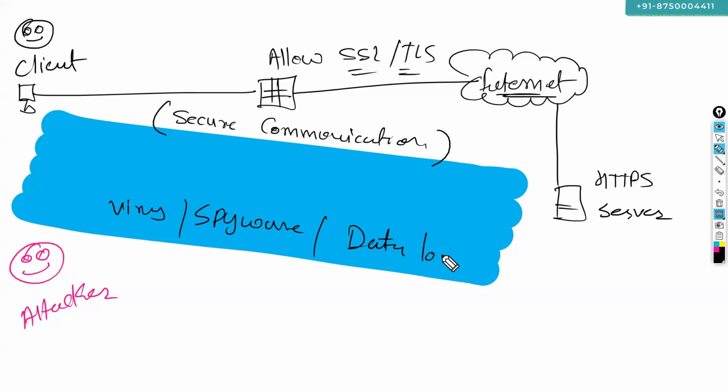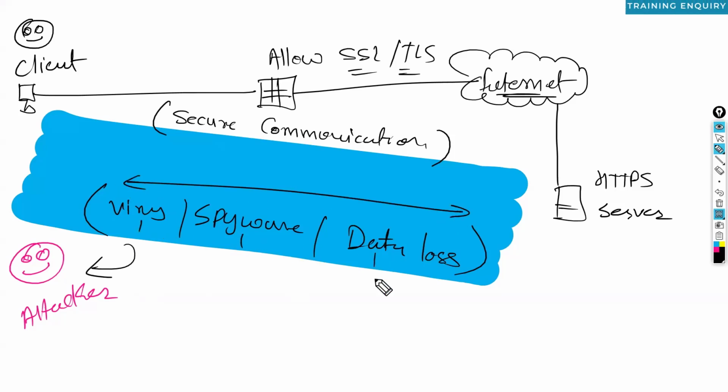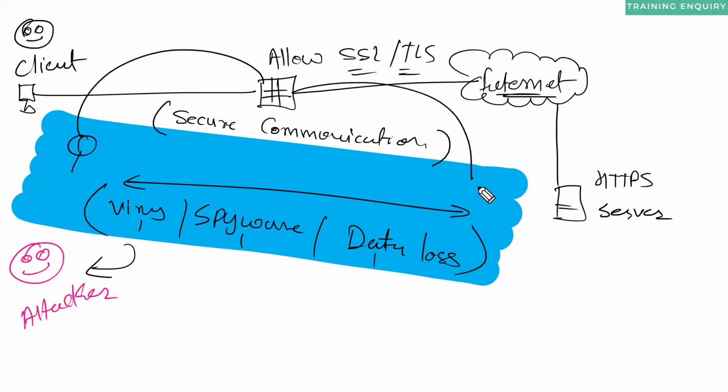So along with the secure communication, the user or attacker can download or upload virus, spyware, and cause data loss. Now what we want is that our user should not be able to download or upload virus, spyware, and data loss. For that, we need our firewall to be capable of seeing what is going on under the SSL tunnel.